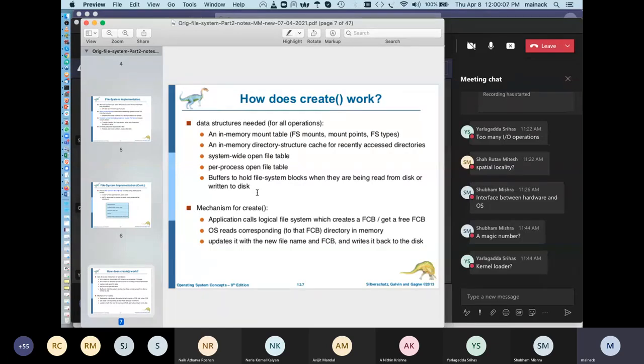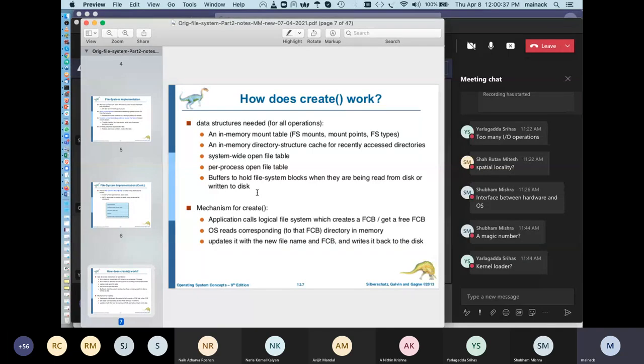It has to be general enough. Essentially, you need the buffers, just like spooling. Remember that spooling uses virtual buffers to read and write to devices. It's just like that. Buffers hold file system blocks while they're being read from or written to disk. The operating system talks to these buffers. It pushes data to buffers and takes data from the buffers.